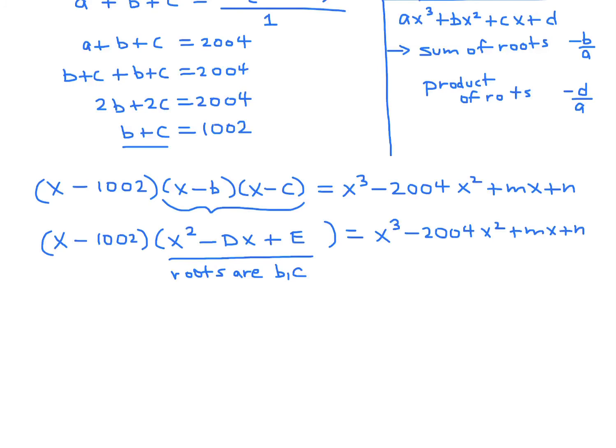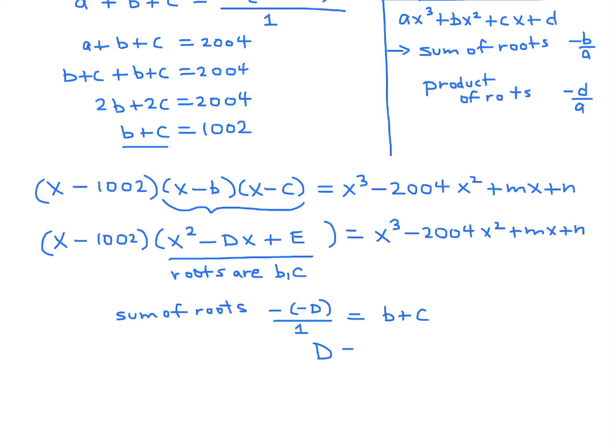Well, then look at this guy right here. Sum of the roots of this guy. Well, using this formula, minus b over a, the sum of the roots will be minus b over a. So I've got minus d over a, which in this case is 1. And then we know the roots are b and c, so that equals b plus c.